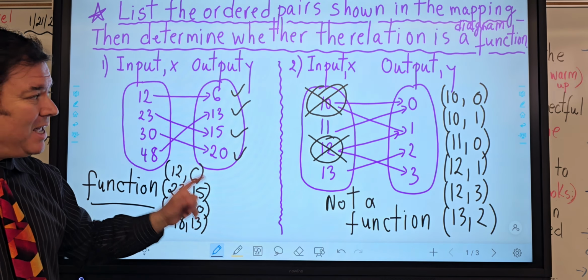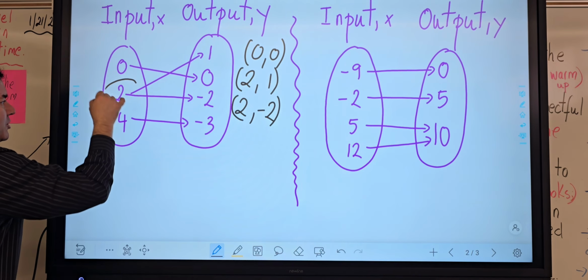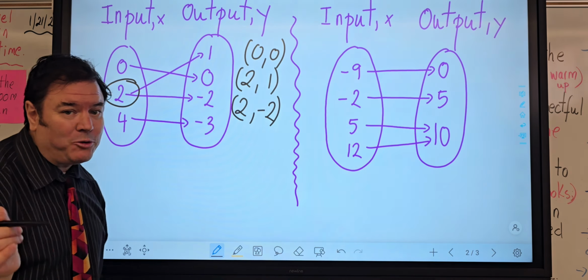ordered pairs. Okay, let's continue with this example here. We have input X and output Y. So the first ordered pair is 0, 0. Next one we have 2, 1. But also 2 goes to negative 2. So we have to be very, very careful because again, 2 has two outputs and that's not okay.